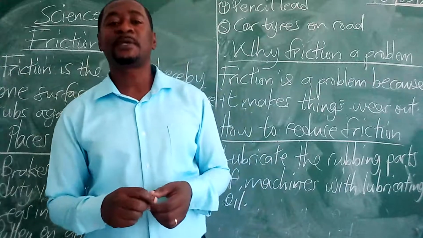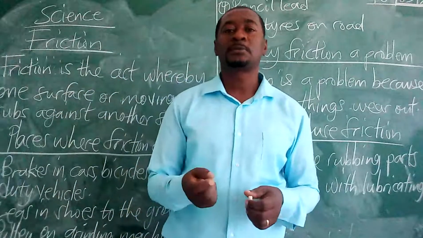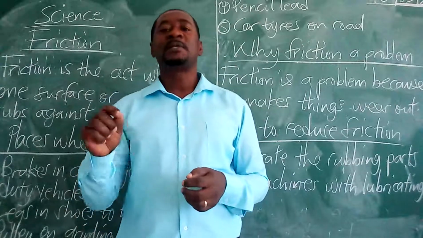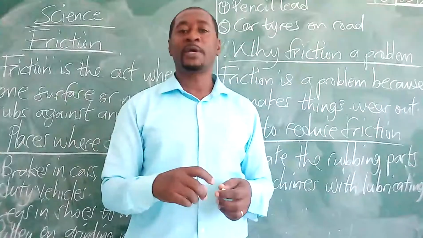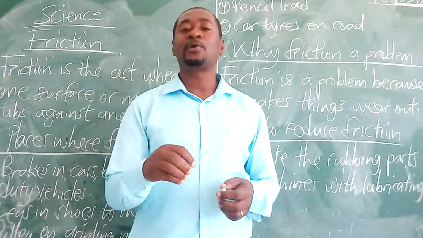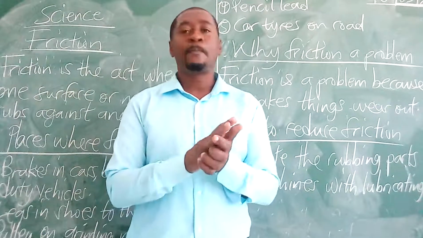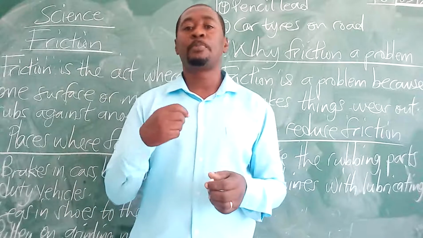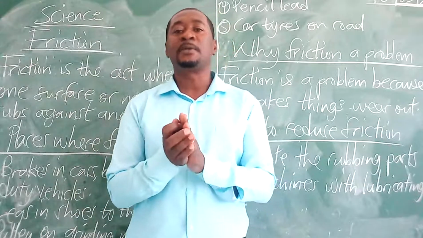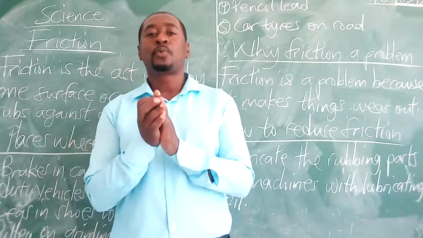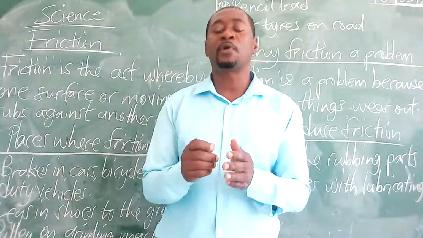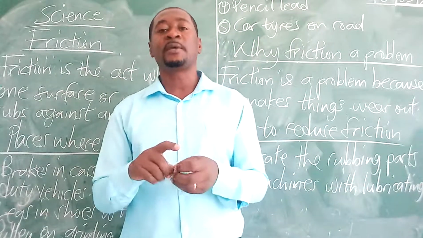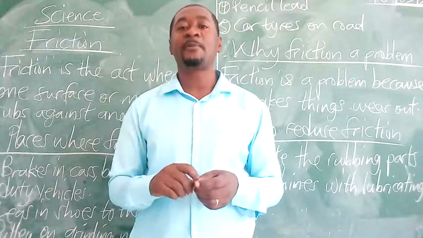That's why at times people that are sewing clothes, people that are using grinding machines, they apply lubricating oil so that whenever the parts are moving, though it will be worn out, it will not be too quick. It will not be too quick because of the oil.